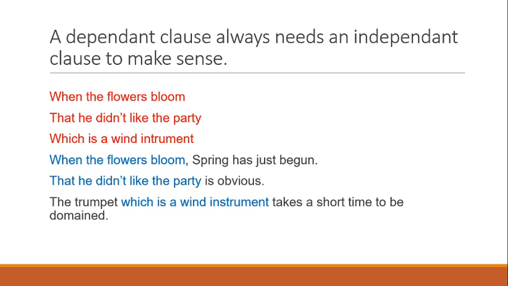So we need the independent part in order to complete it. Whether it is an adverbial clause, as in "when the flowers bloom, spring has just begun"; a noun clause, as in "that he didn't like the party is obvious"; or an adjective clause, as in "The trumpet, which is a wind instrument, takes a short time to learn."